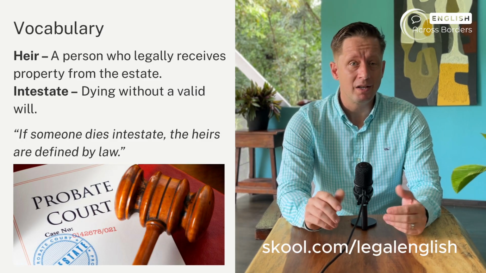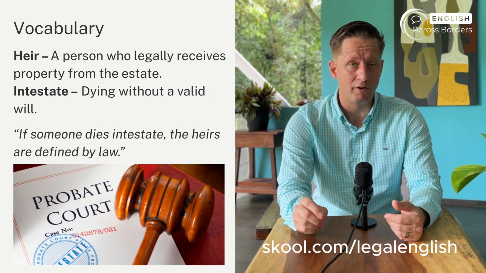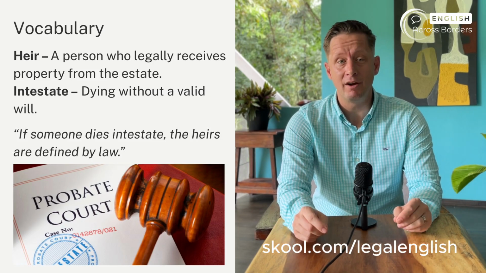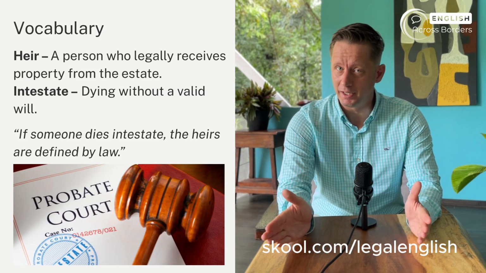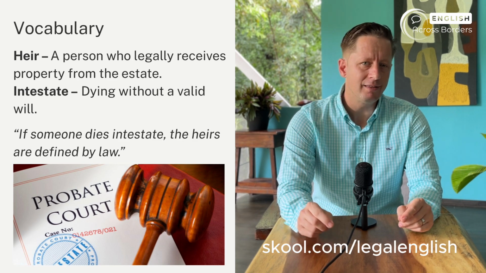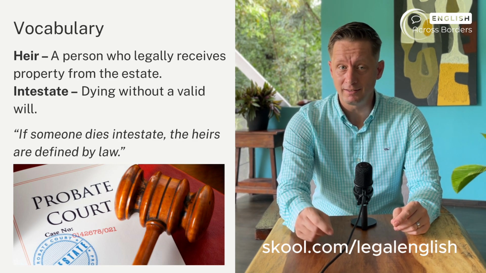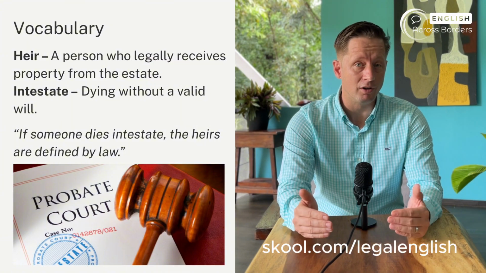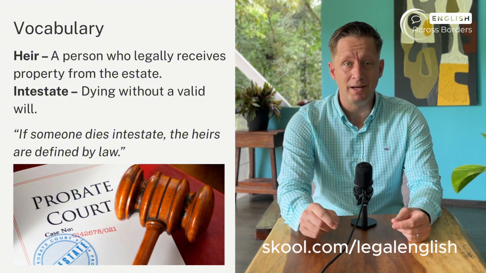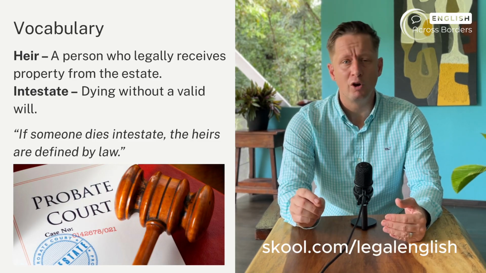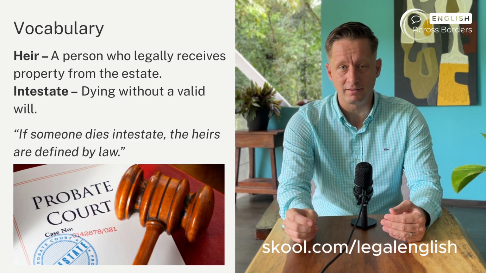By law, his spouse and children are the first heirs. If he has no children, then the parents or other relatives may inherit. When explaining this to a client, you can say, "If someone dies intestate, the heirs are defined by law." This makes it clear that the law, not the person, decides who receives the estate.